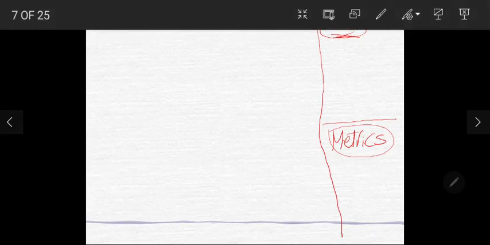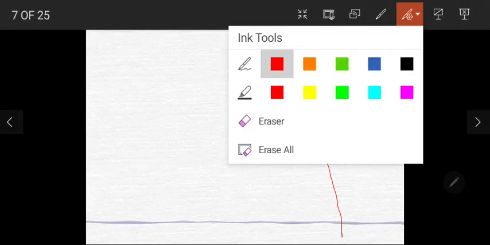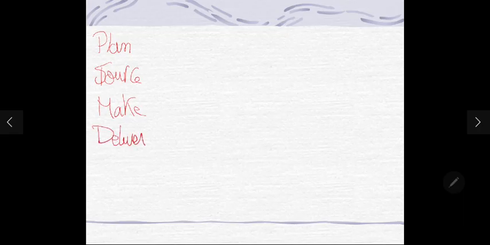Now, if you have a look at the processes, we'll find that whatever you do is classified into plan, source, make, deliver, return.